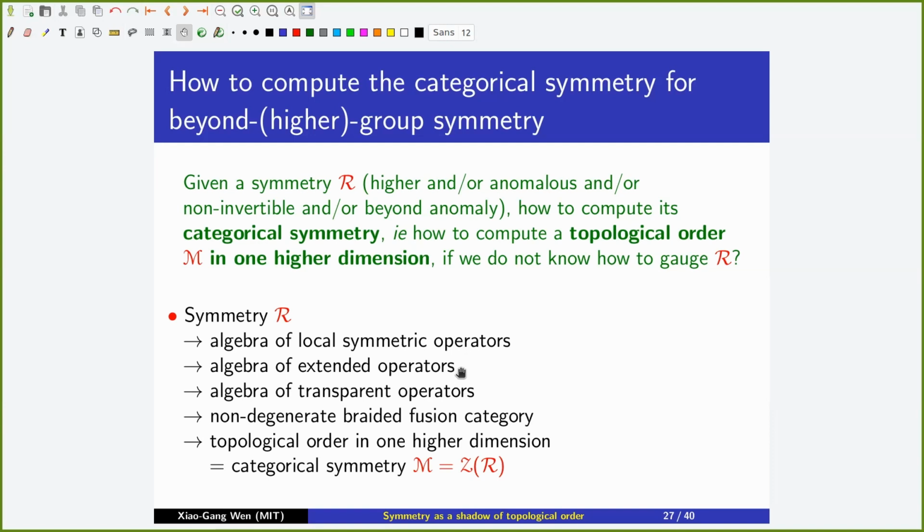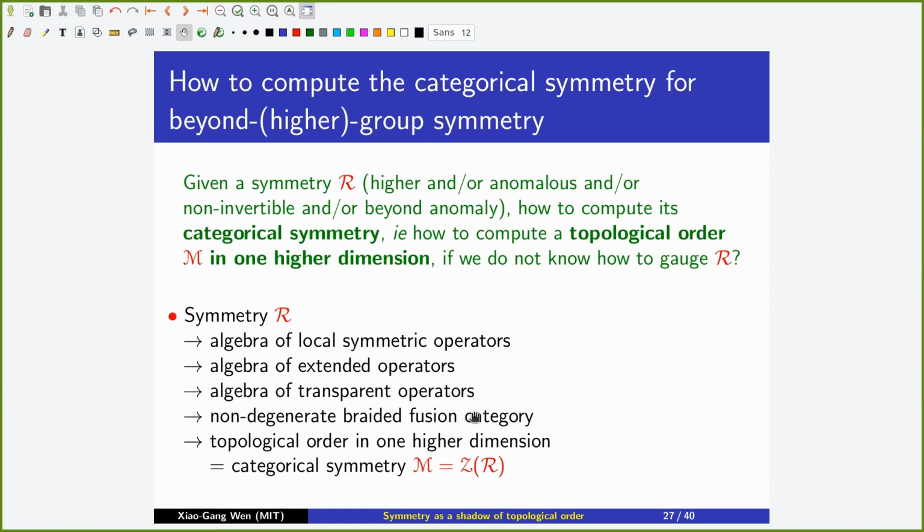Here, I think the main thing is this step. Instead of considering generic extended operators, we consider a subset of extended operators, which we call transparent patch operators. This transparent patch operator is much more manageable. From this algebra of transparent patch operators, we can derive this braided fusion category.